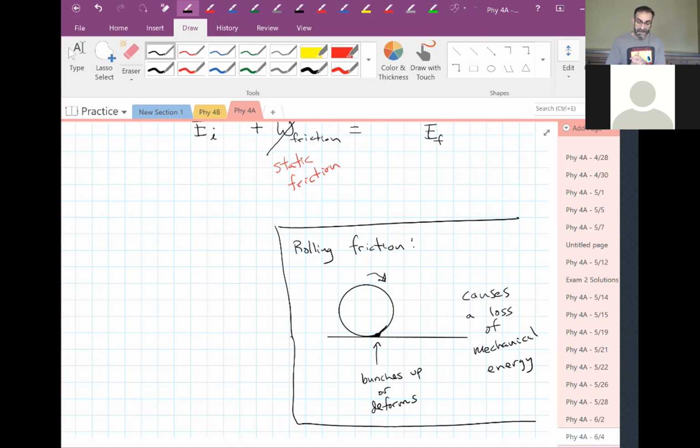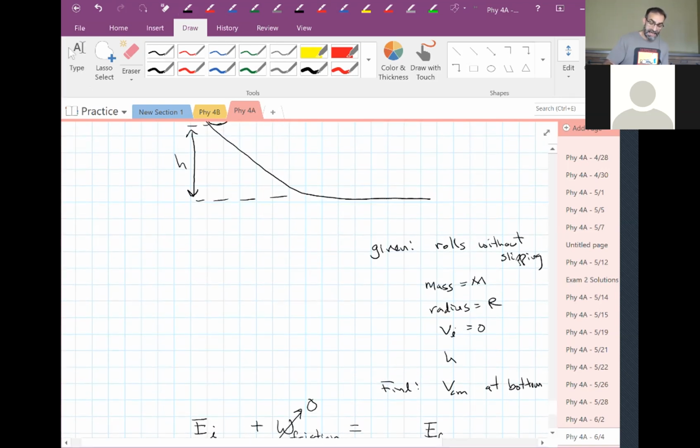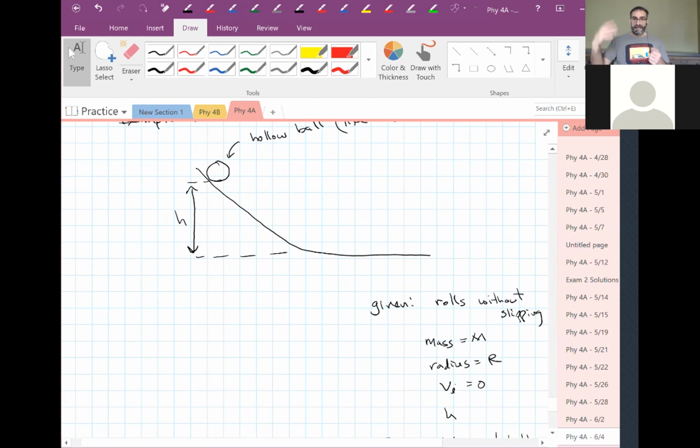All right, why static friction? Because the object is not sliding, right? If the wheel is turning or our object is rolling down the hill, then the point of contact between our wheel and the road is not moving, right? There's no motion between those two.